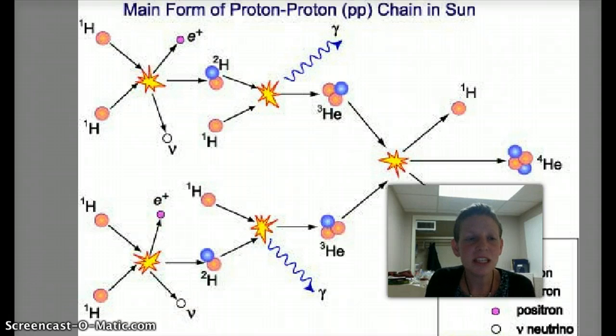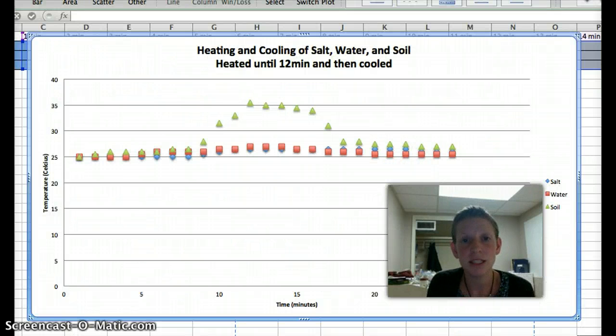So then we took that concept and we did a little experiment about the heating and cooling of different materials. So yes, the solar radiation comes down because of that fusion process, but then once it hits Earth, there's different formations on the Earth itself, as well as different aspects of the atmosphere that affect that radiation and what it does to the Earth.